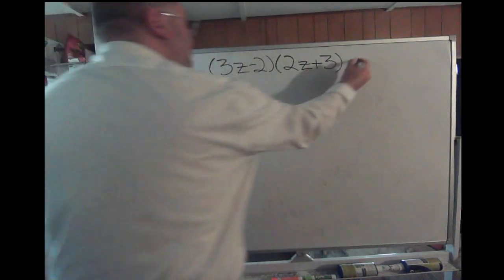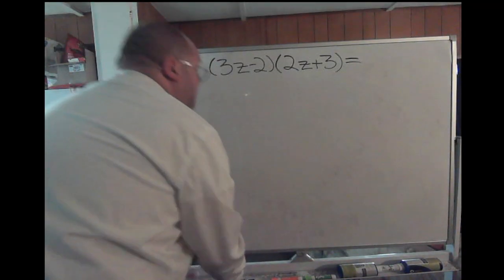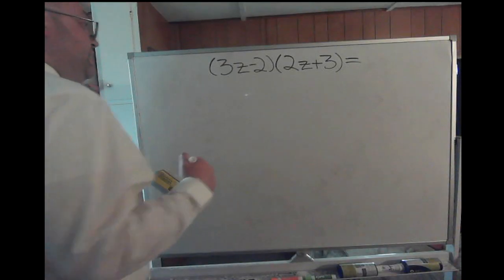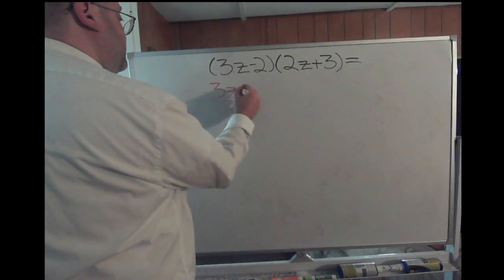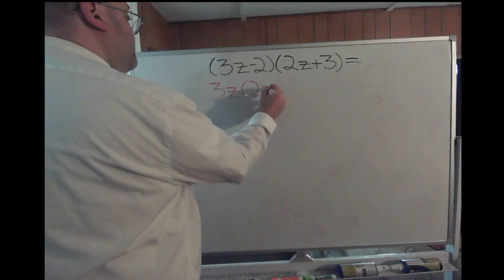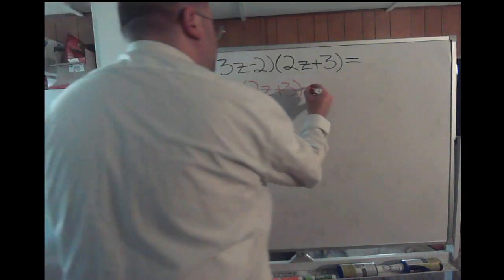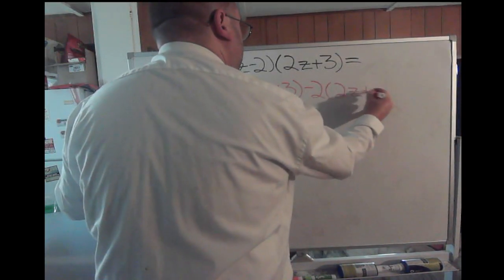Alright, so we got the quantity of 3z minus 2 times the quantity of 2z plus 3. Well, again, take your 3z for the first term, multiply that times your quantity of 2z plus 3. Now you got minus 2 times that quantity of 2z plus 3.